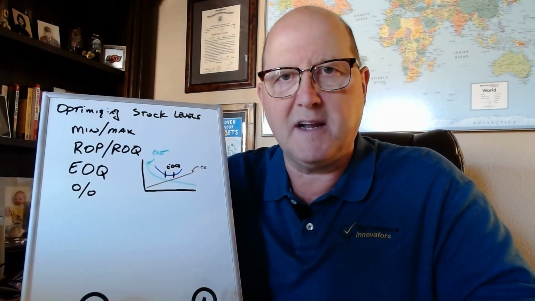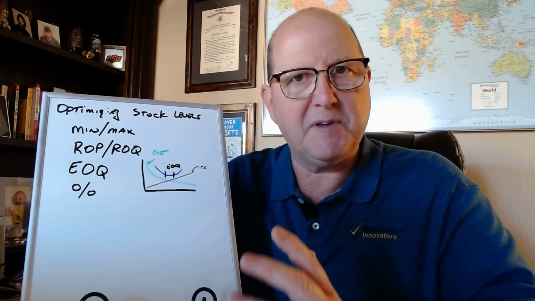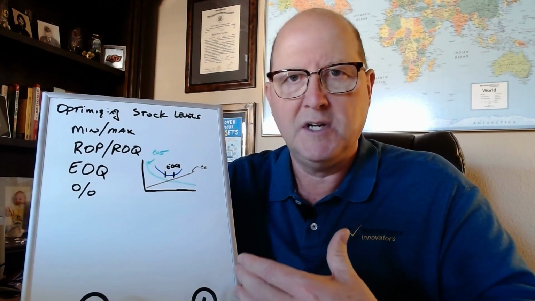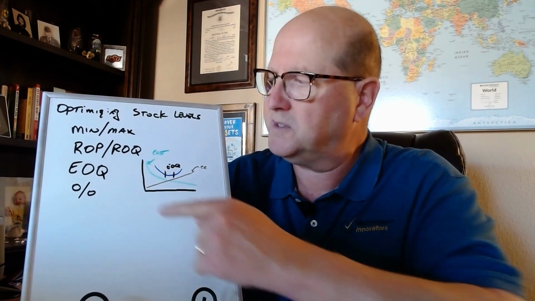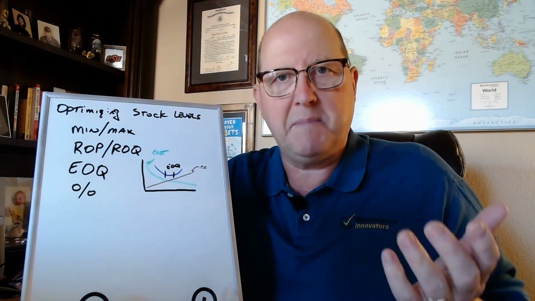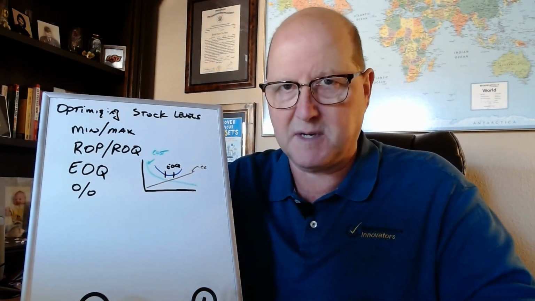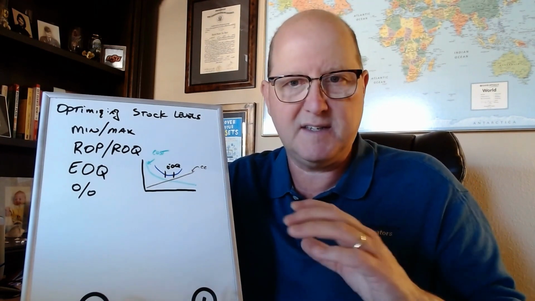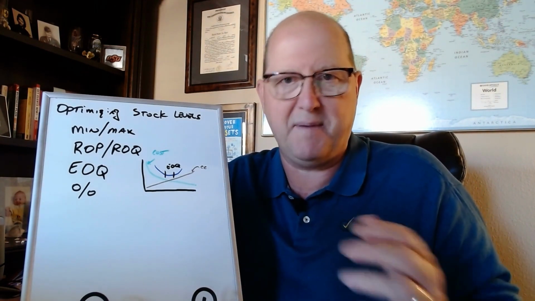What's really starting to take hold, and it's an old concept, is one that we're all familiar with if you've ever shopped at those big box stores. This is economic order quantity. If you go into Sam's or Costco or Big Lots, you tend to see that you get value for the amount that you buy.